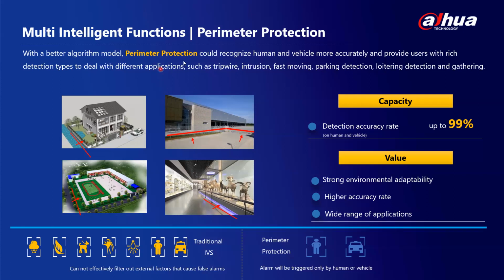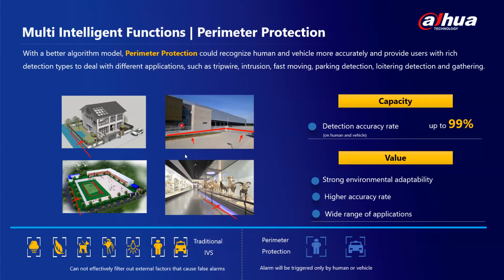This can recognize humans and vehicles more accurately and provide users with rich detection types to deal with different applications, such as tripwire, intrusion, fast-moving objects, parking detection, loitering detection, people gathering detection, etc. These are some examples of the rules that can be set.